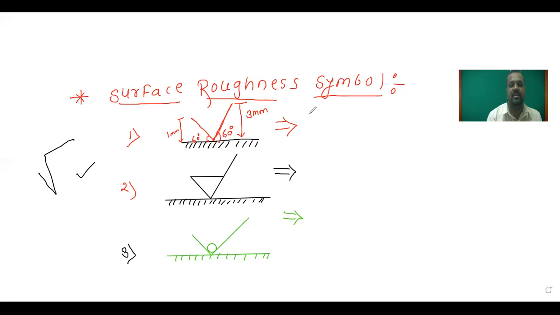Yes, anybody? What is the meaning of this first symbol? Yes, anybody? Please tell me. What does that symbol indicate? Yes. Raut, Akanksha: Don't know, sir.